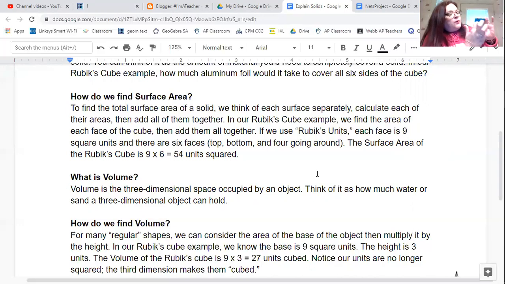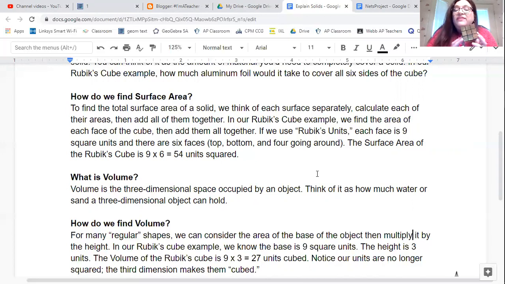So we've got 4 sides around and then 2 sides, top and bottom. So we've got 9, 9, 9, 9, 9, and 9. That's 9 times 6. So our total surface area of the Rubik's Cube is 54 units squared.